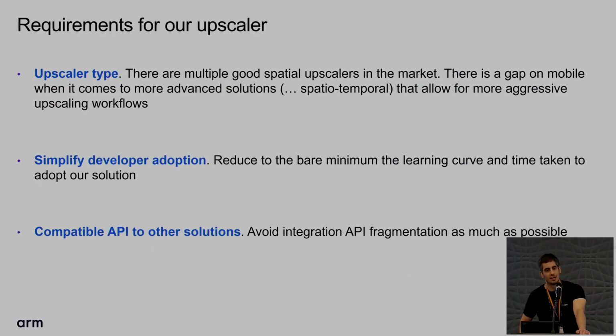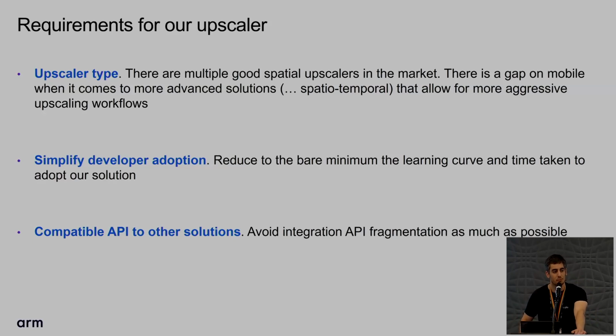At the time, my boss came asking, well, we need to deliver an upscaler. How do we get there? So I had to ask myself what kind of upscaler we wanted to go for. FSR1 was already a super efficient solution at the time, so I thought, well, let's give it a go with a temporal upscaler and, as I said, try to go a bit further when it comes to the upscaling workflows.